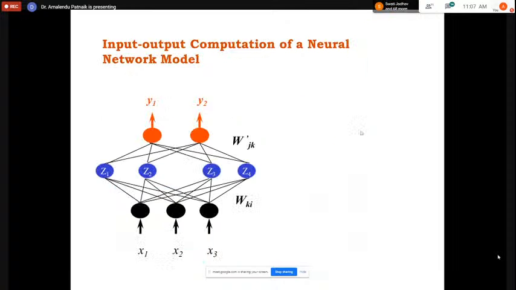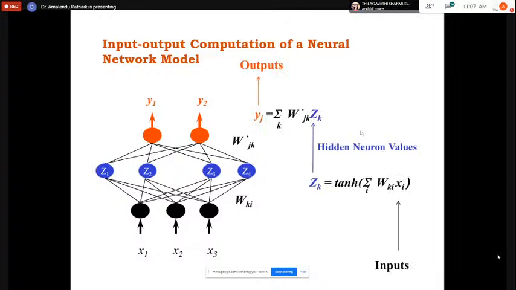The computation process of a neural network starts with the input layer of neurons. It progresses from one layer to the other layer, and finally you get the output from the output layer.